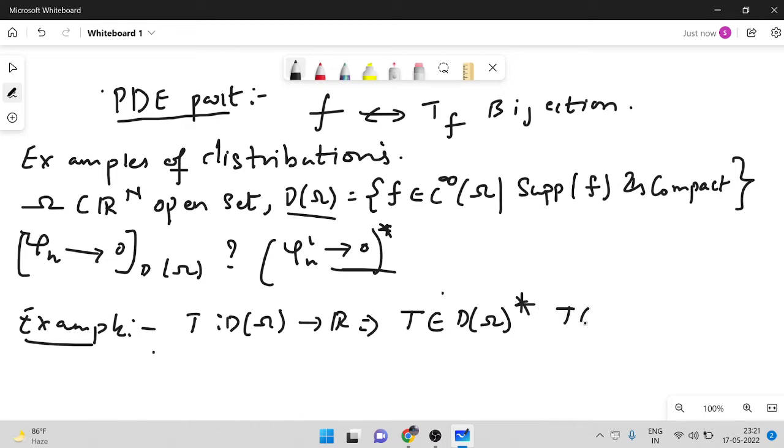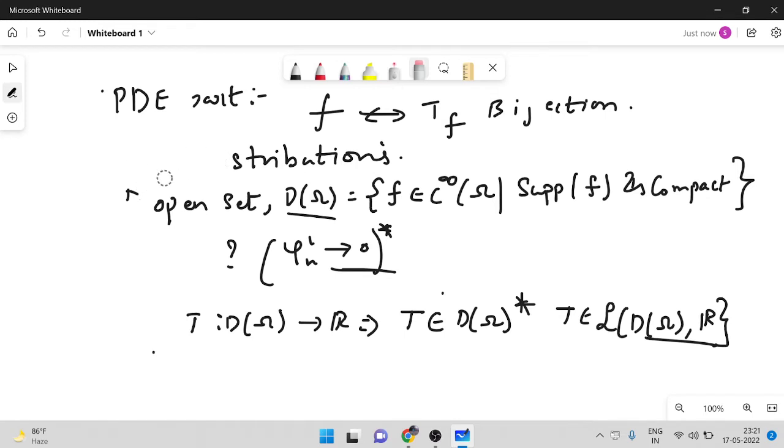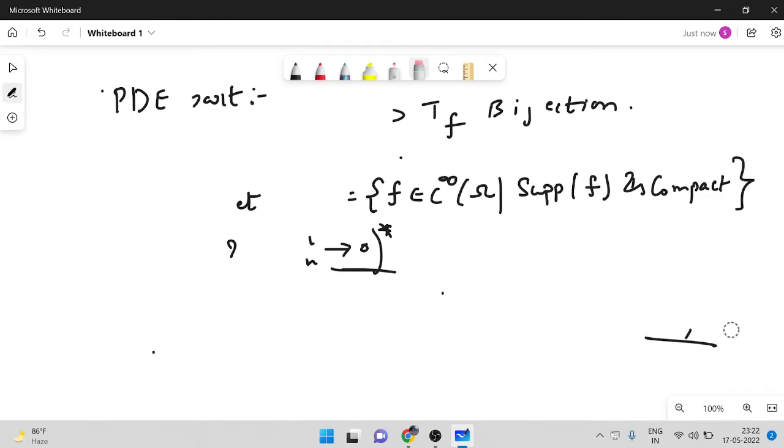That is, T is a bounded linear continuous map from d of omega to R. So basically it's the dual space of d of omega. This is something that we defined in our last class.